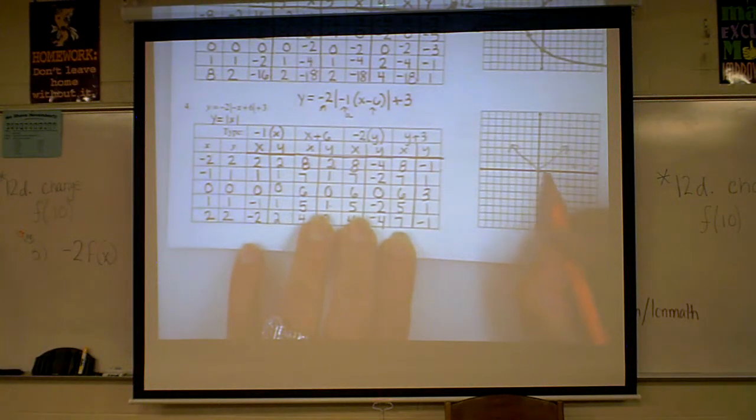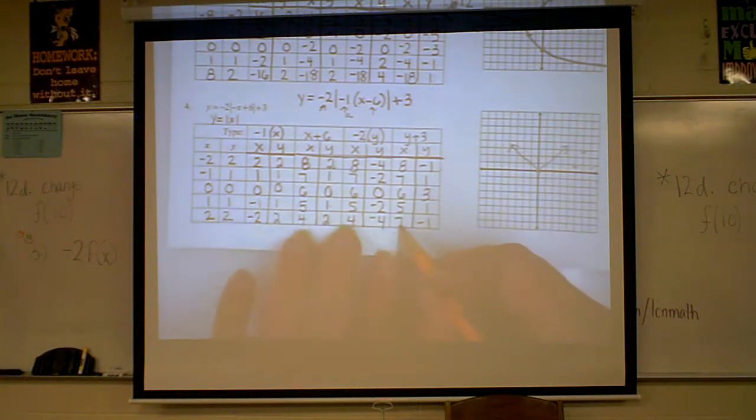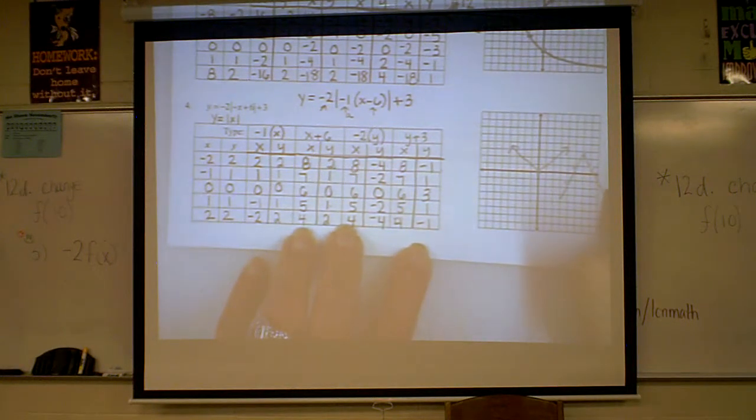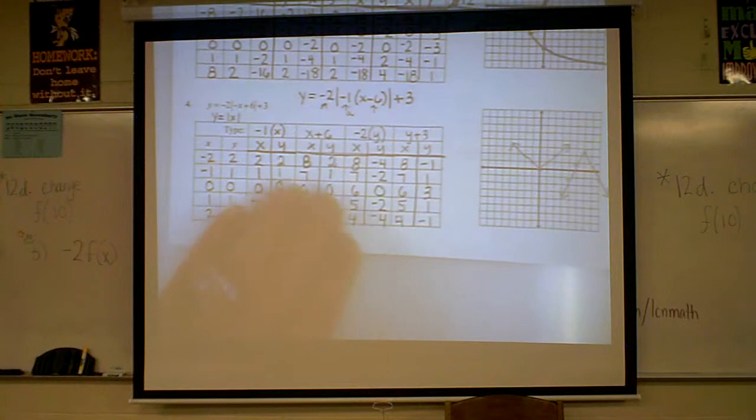So, 8, negative 1, 7, 1, 6, 3, 5, 1, and I copied this wrong, there's my mistake, it is 4, negative 1. Sketch the graph, and that is your new function.